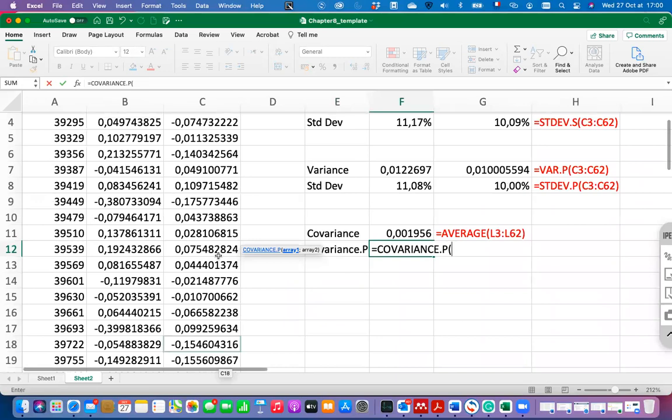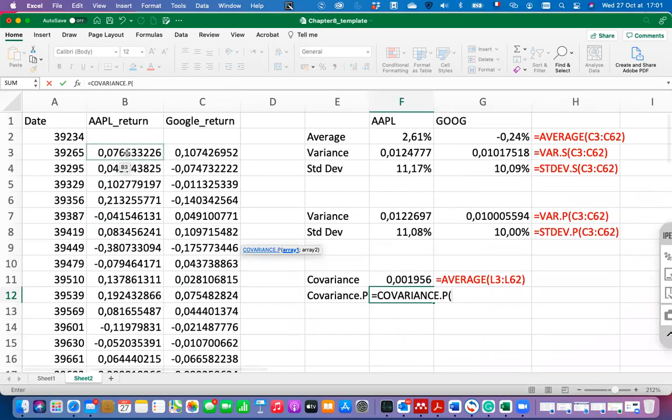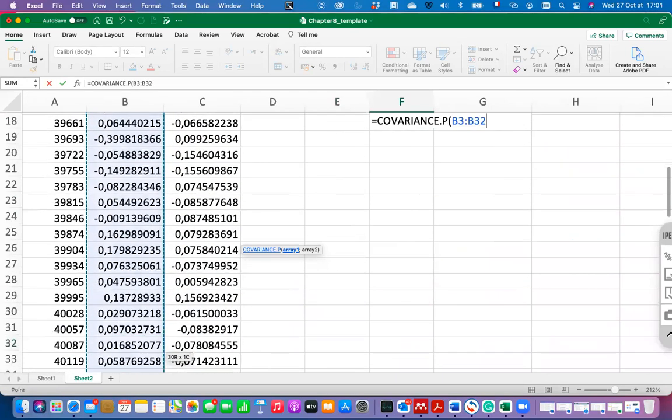Why are we using population? Because we assume that we have the population. Then we'll see how to compute the S sample covariance. So we select both Apple and Google returns.